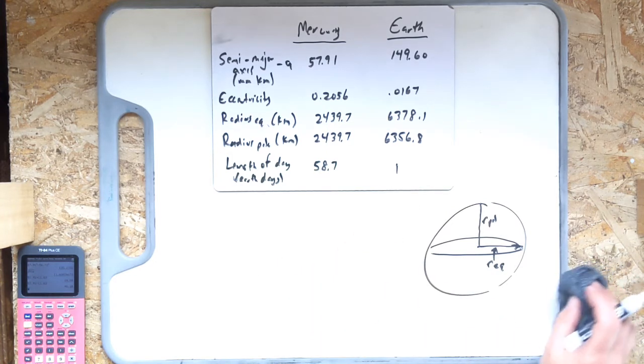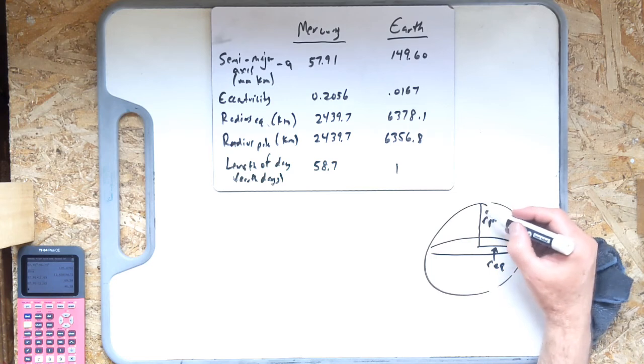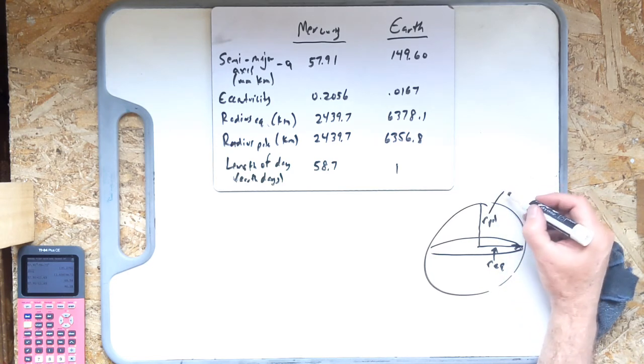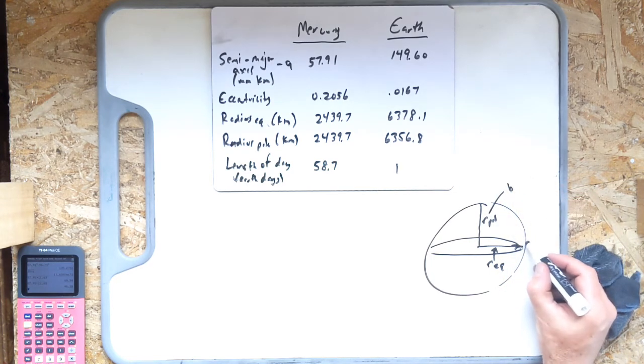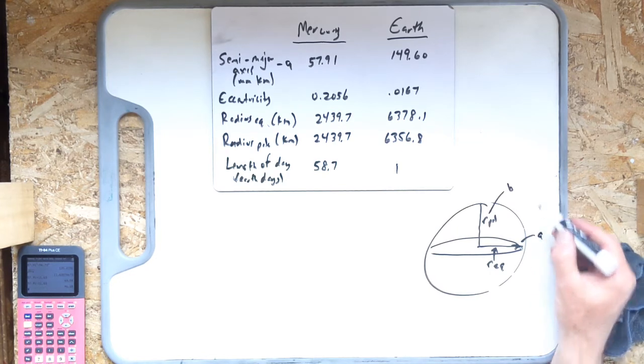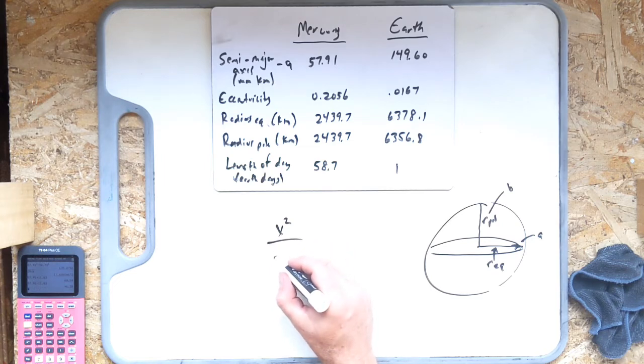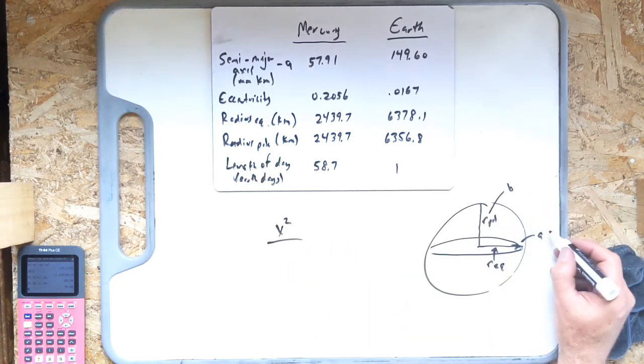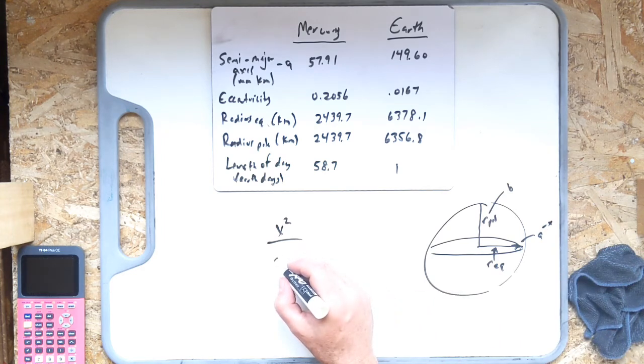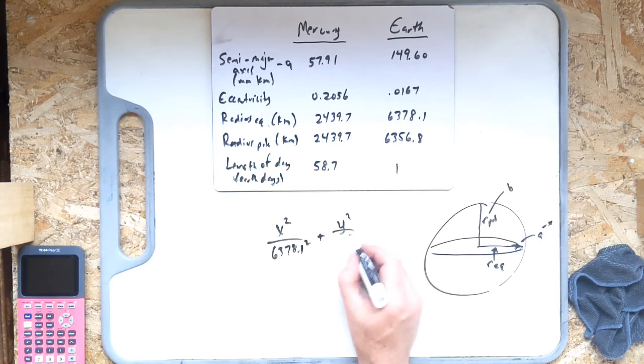So to do that, you just do the radius. If this is an ellipse, this is your minor axis, B, and this is your major axis, semi-major axis, A. So the equation is simply x squared over the radius of the equator, which is 6378.1 squared, plus y squared over 6356.1 squared equals 1.